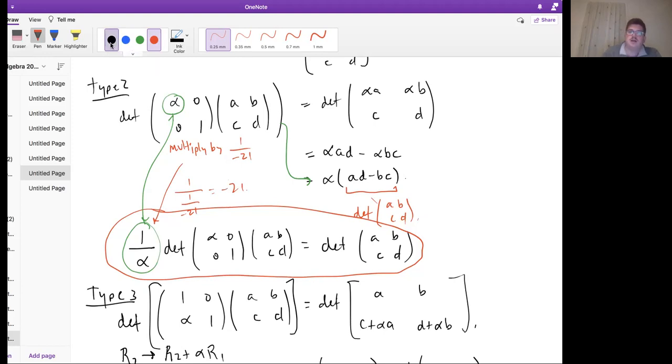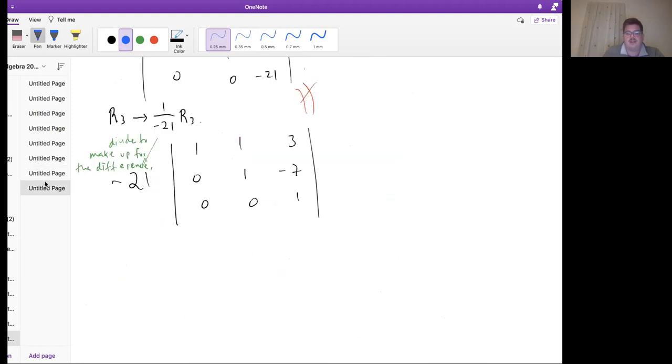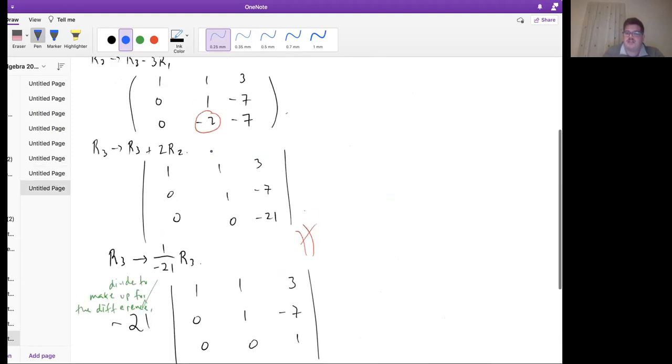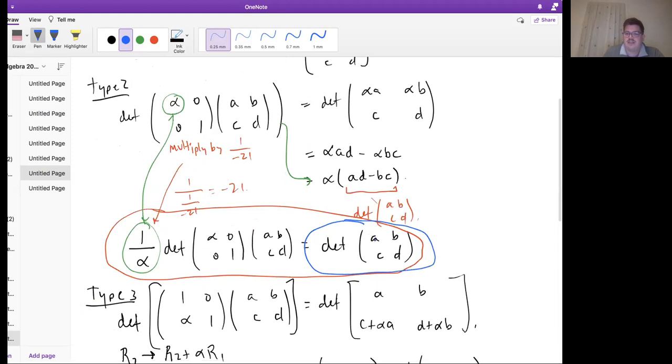Yeah, so here's the matrix A, B, C, D. The analog is this. Pretend this is A, B, C, D. Right, these are the same.